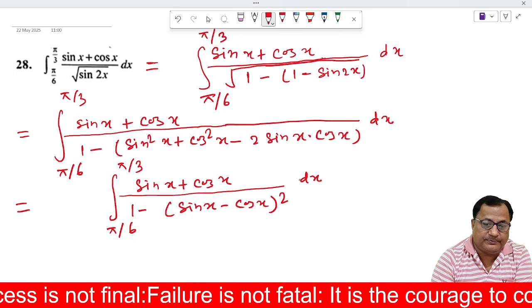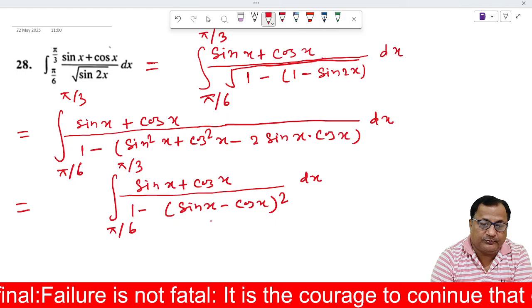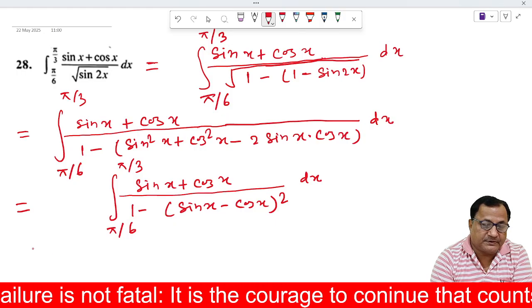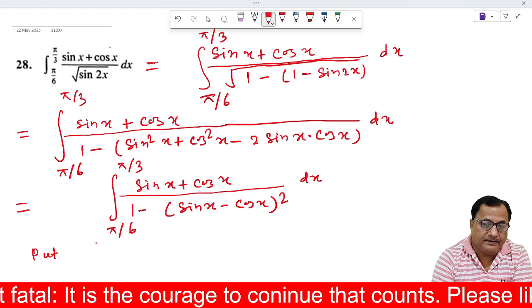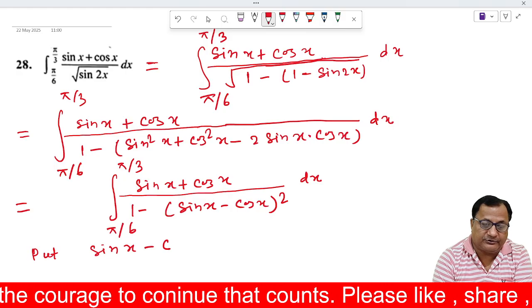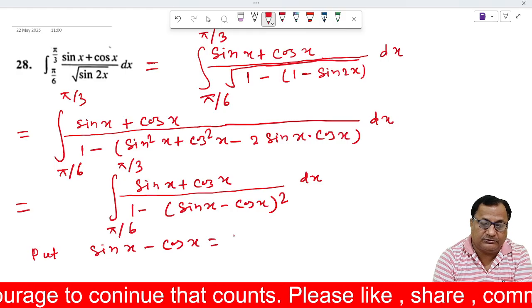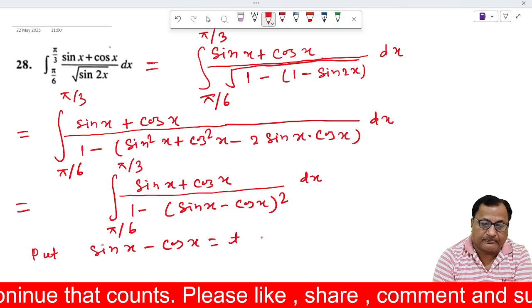Now we'll put here sin x minus cos x is equal to t. We will differentiate both sides.